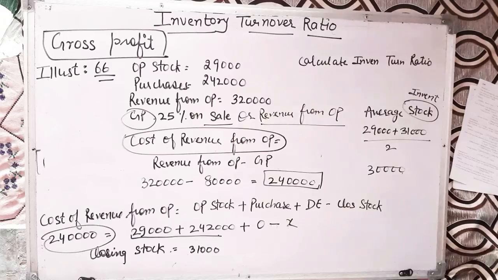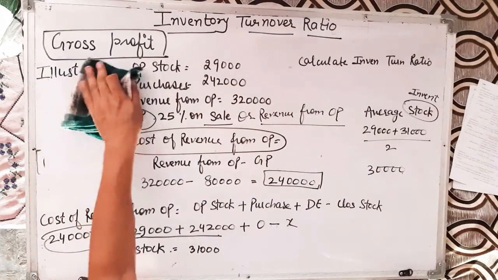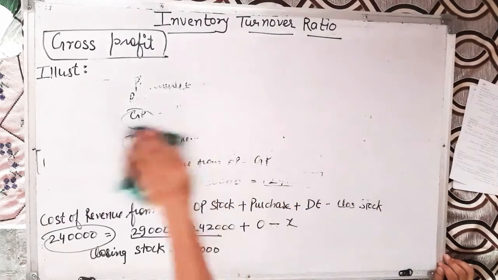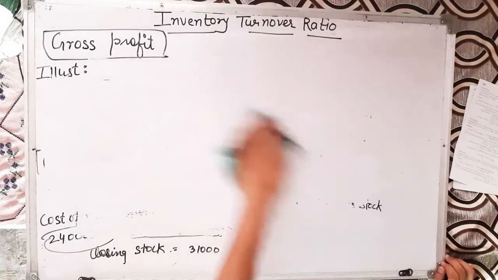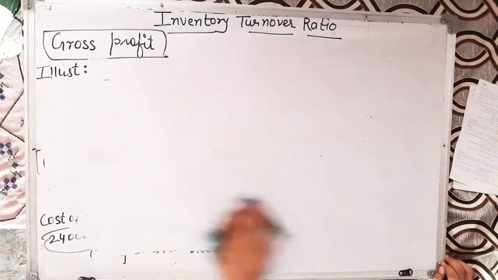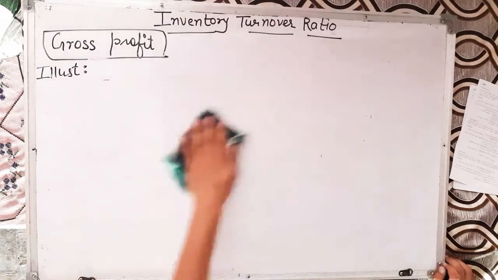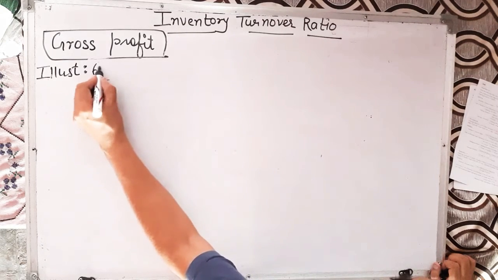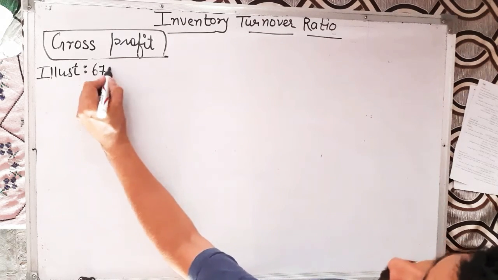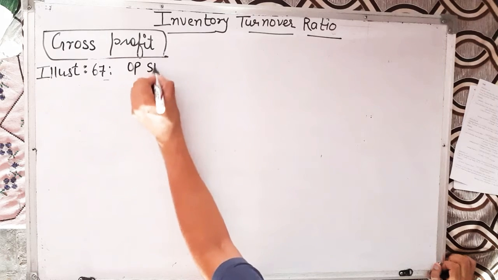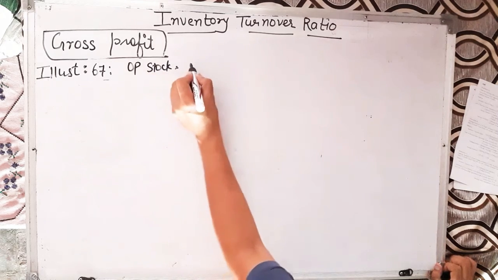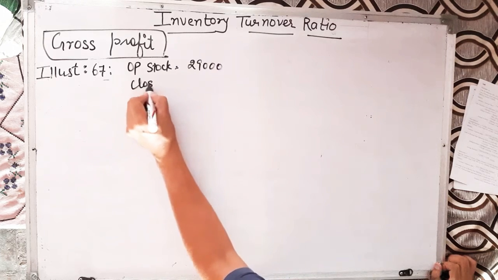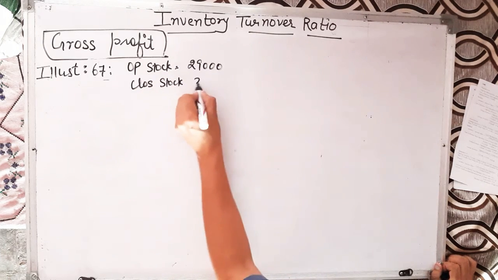Okay. Now we will move to illustration number 66. Opening stock is equal to 29,000. Closing stock is 31,000.